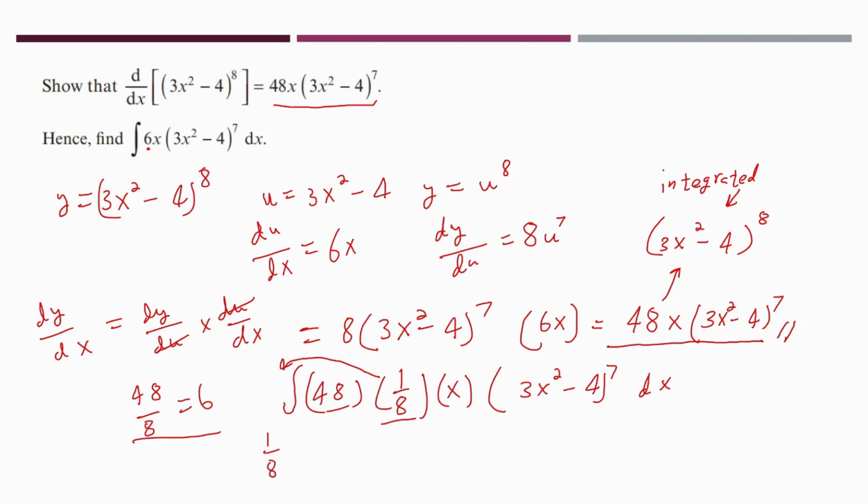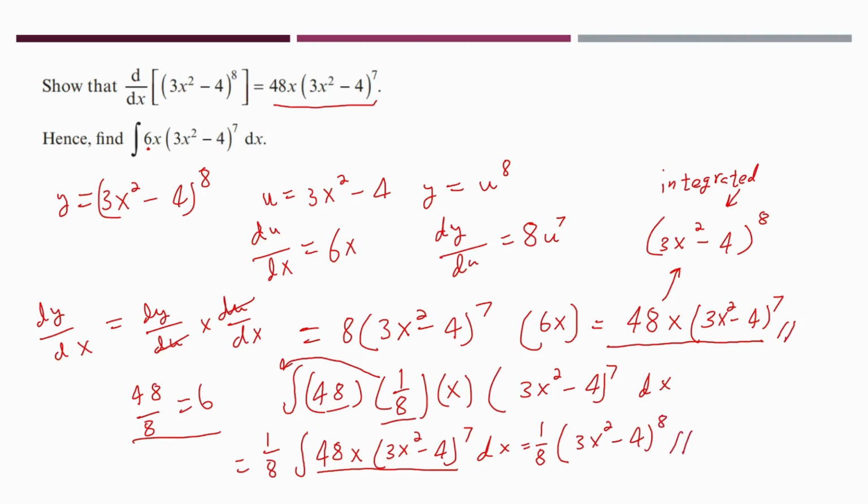So we are going to get 1 over 8 integrate 48x into (3x square minus 4) raised to the power of 7 dx. Alright, and now you know that the integrated form of this is already given to us, so it's going to become 1 over 8 into (3x square minus 4) raised to the power of 8, plus c also.